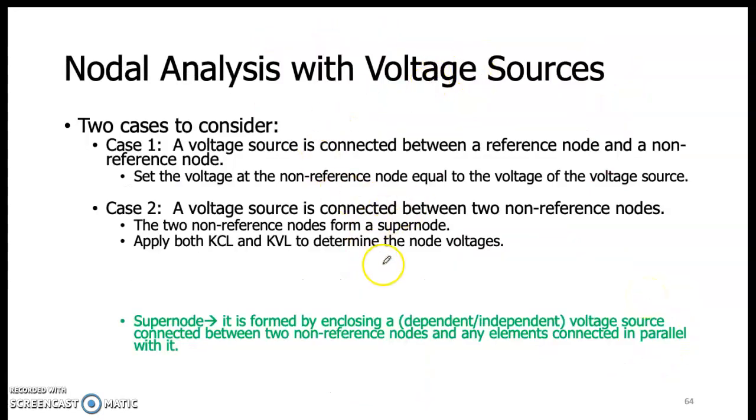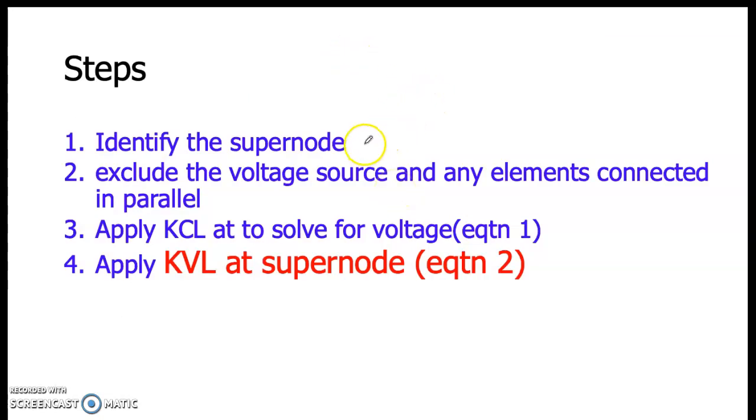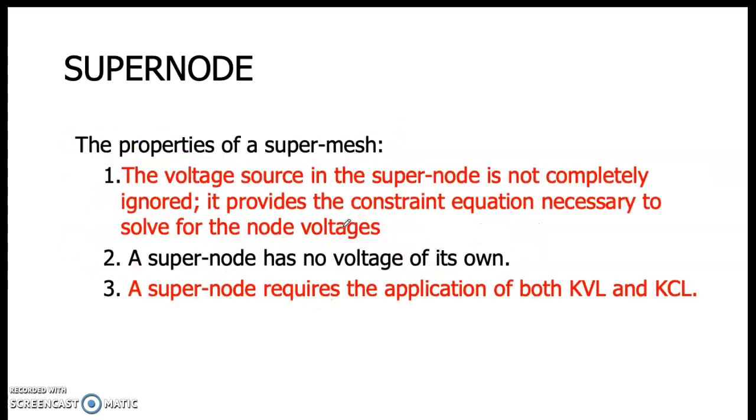So, how are you going to solve this one? First, you need to identify which one is the supernode. Second, the keyword is exclude. And then apply KCL, and then KVL at the supernode. So, let's see the properties. Okay, what are the properties of the supernode?